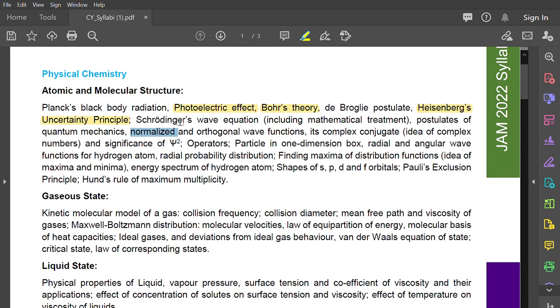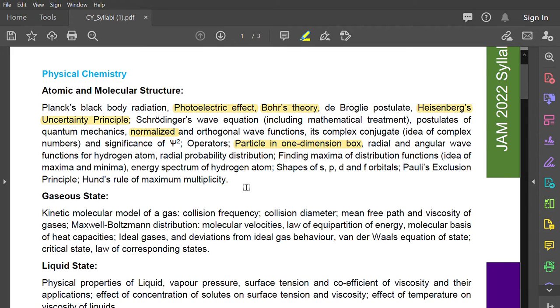Normalization of a wave function is also there. Particle in a box questions have been asked obviously in section B. So these things are there for one to ask.